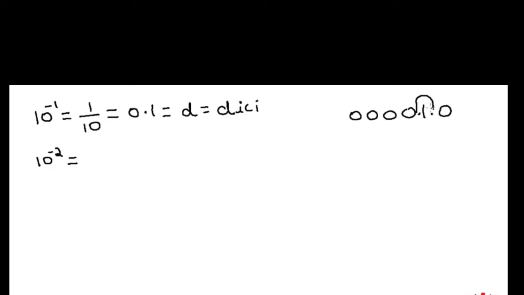Second one, 10 to the power of minus 2. Again from 1.0 I have to shift this decimal point 2 positions backward, that is 1, 2. Now this has become 0.01. That is 1 by 10 square, that is nothing but 0.01. It is denoted by small c, that is centi.